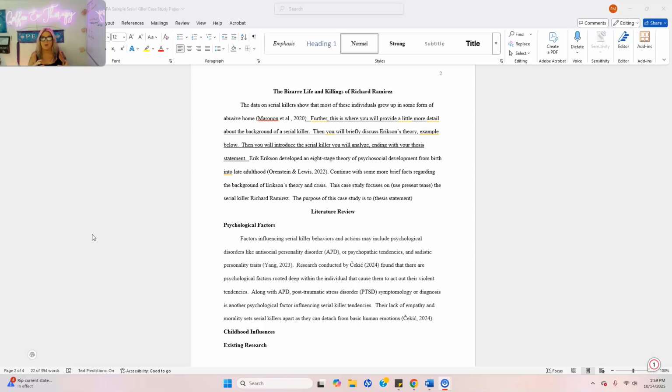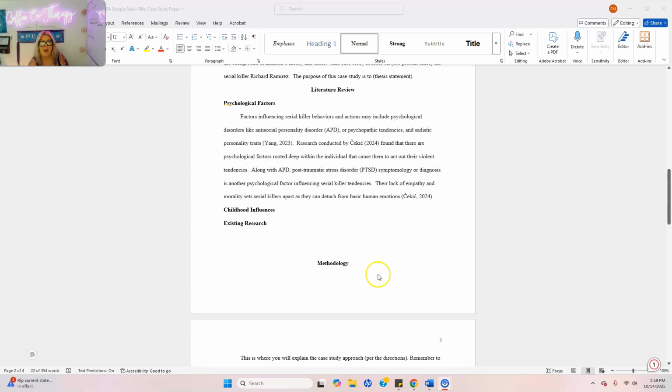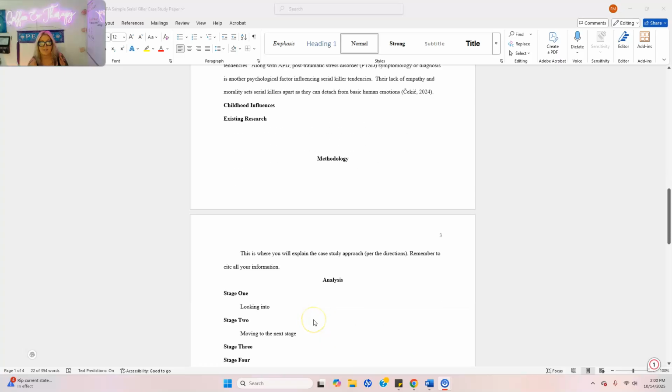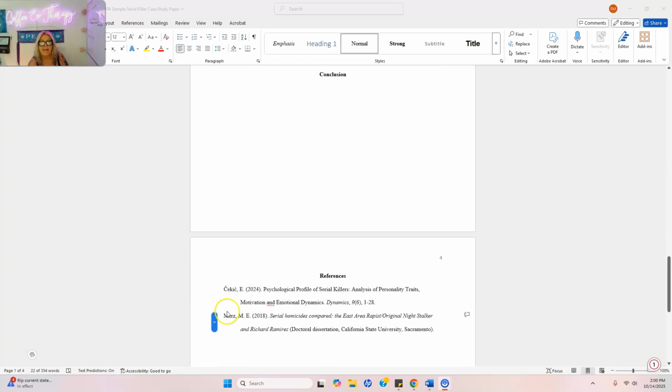Again, make sure grammar is correct. Make sure the title page is correct. Make sure that the title is only on the title page and then the second page. It should not be on any other pages after. Make sure your spacing is on point. Look at this. Everything is double spaced all the way through, even the title page and the reference page.